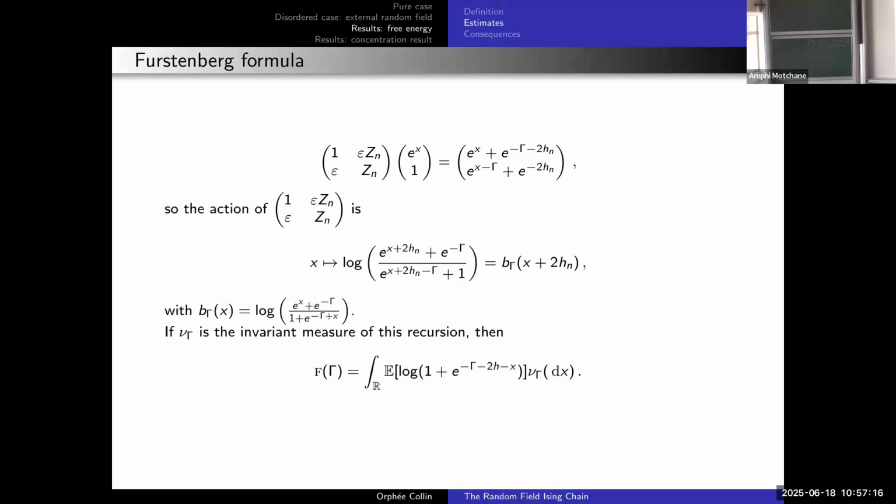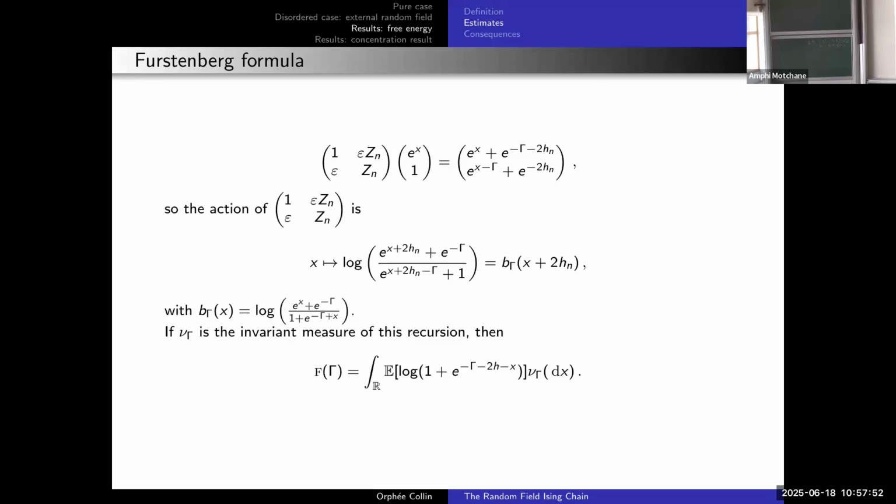And I also chose the parameterization of exponential of x, which is for convenience. So the action of the matrix on this vector gives this vector. So in this parameterization, the action of the matrix is this recursion. I introduced the function b gamma, which is this one, and I'm going to plot it afterwards. So we have this recursion.